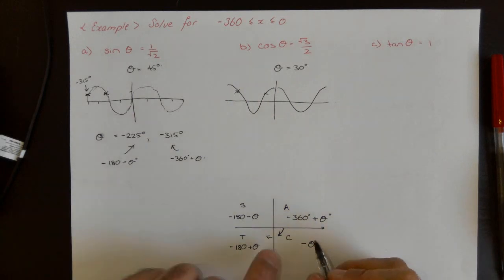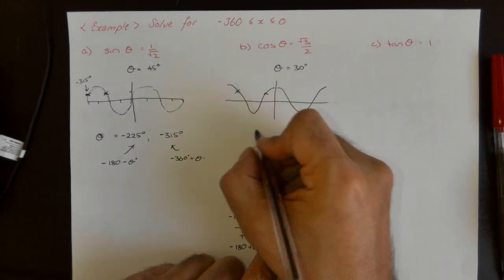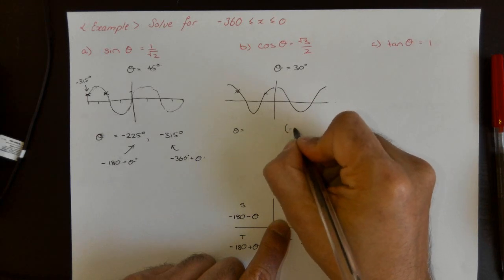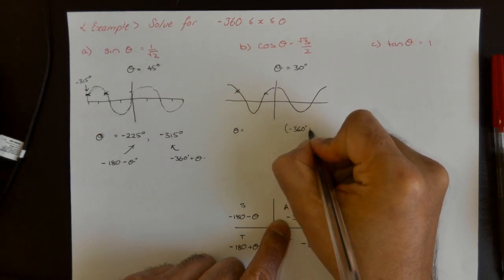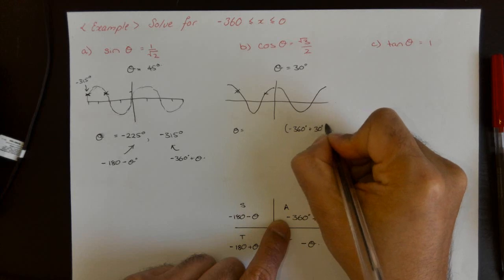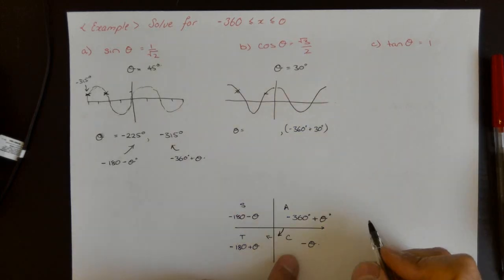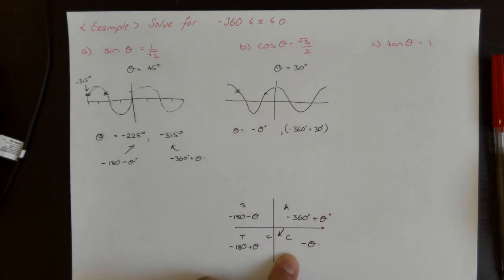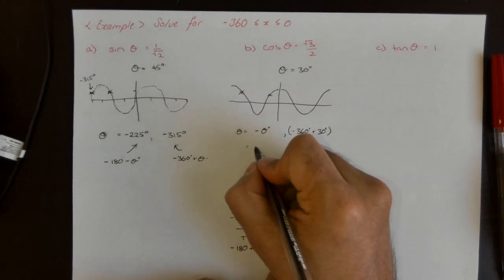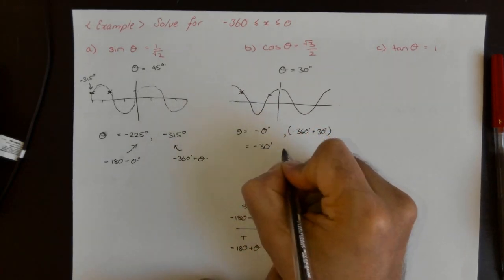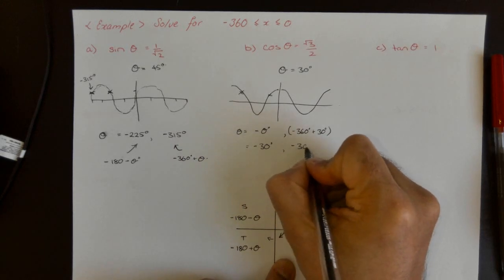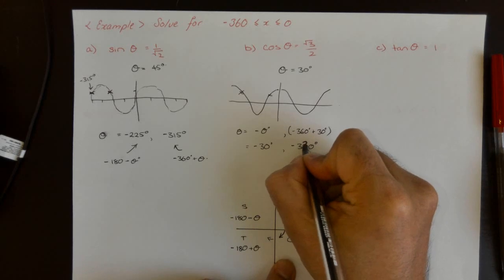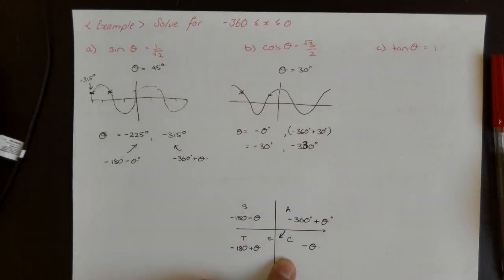We're going to get the first one, which is negative 360 degrees plus 30 degrees. And we've got this one, which is negative theta as well. So we get negative 330 and negative 30 degrees.